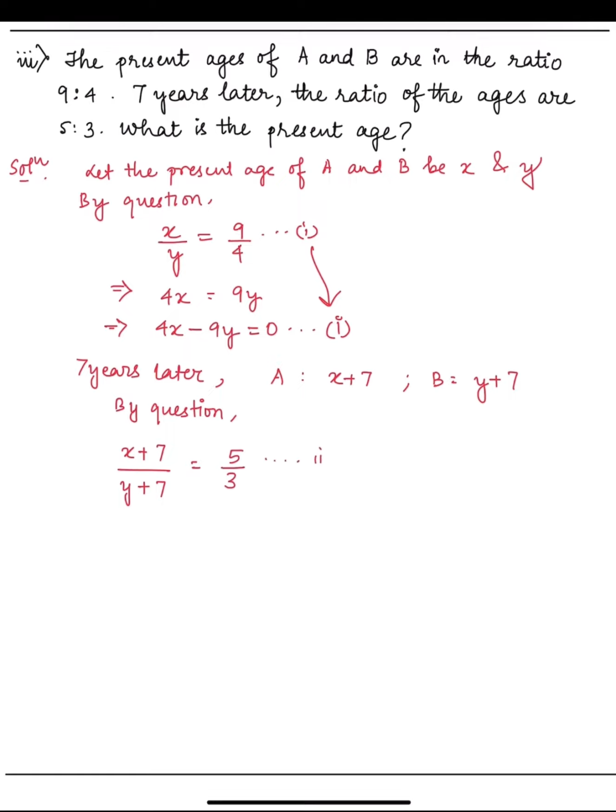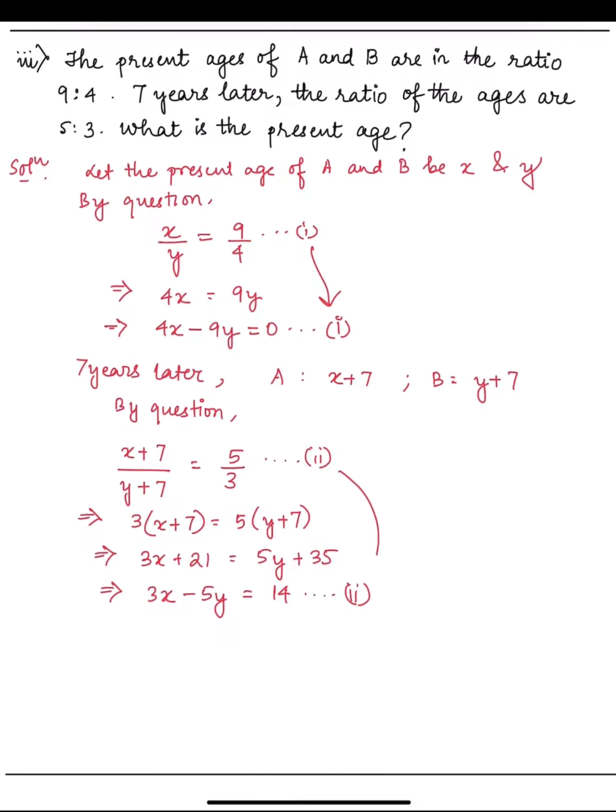This is my equation 2. Now I'll just cross multiply: 3 into x plus 7, 5 into y plus 7. So 3x plus 21 is 5y plus 35, right? So 3x minus 5y is 14. This is basically my equation 2.